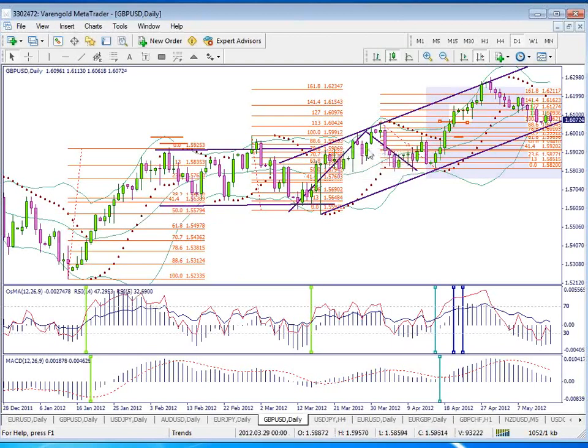So also the first wave can be anticipated somehow. When you have the first wave, you also can use Fibonacci for the next wave. You have here signal for sell.